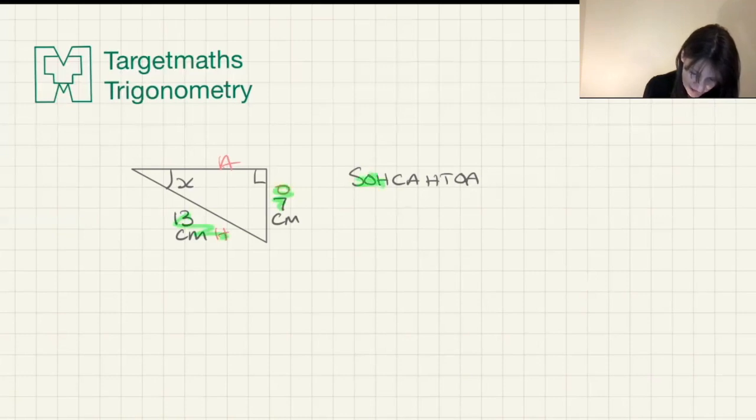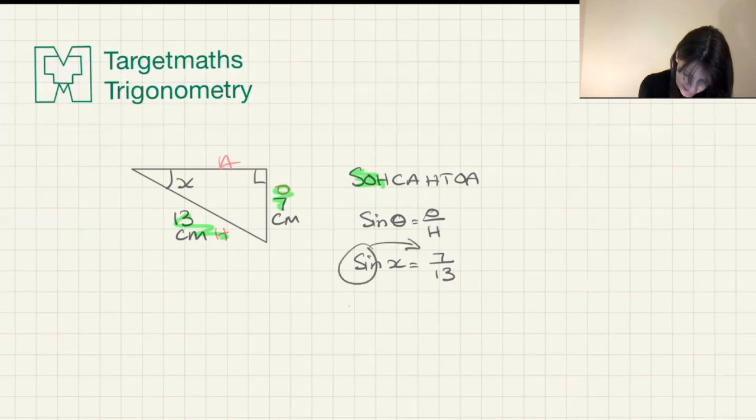Right, O and H, so this is a sine. So we've got sine theta is O over H. From the diagram, theta is X, O is 7, H is 13. Sine is going, leaving X on its own and landing as sine minus 1.